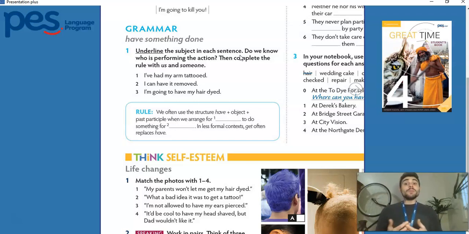And 3. I'm going to have my hair dyed. Okay, so for now, I want you to just pause the video, and underline the subject of the sentences and tell me, or think at least, who is the person performing the action. Okay, remember, not necessarily the subject of the sentence is the performer of the action. So, pause the video and do this now, okay?